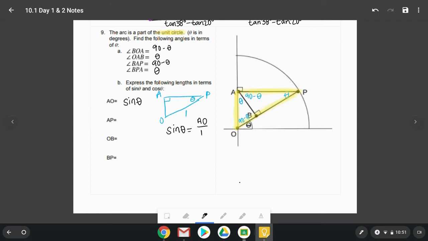Okay, well, for AP, I can use the same triangle because now AP is the adjacent. So instead of sine, I'm going to say cosine of theta equals AP over my hypotenuse of 1. And so I know AP is just simply cosine of theta.